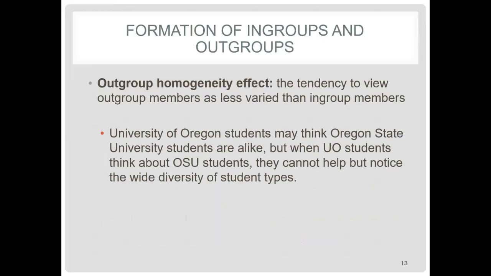Now there's what's called the outgroup homogeneity effect: the tendency to view outgroup members as less varied than in-group members. So when we look at our groups, we see each person as an individual, and we're able to see that person's individuality and value that.